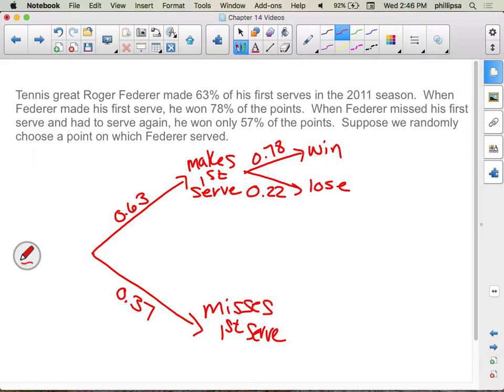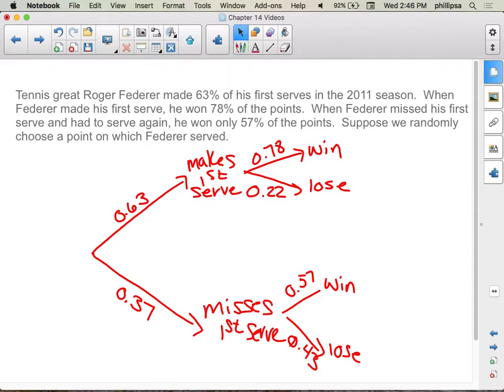They go on to tell you that when he misses his first serve, he had to serve again, and this time he only won 57% of the points. So 43% of the time he lost that point. Now we have a bunch of probabilities that can be read, like how I was working through the heads tails flip.